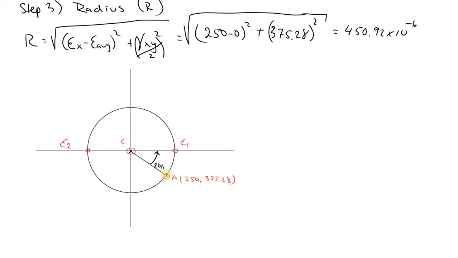From reference point A all the way to the horizontal axis, what we'd find is that this is just our shear strain divided by 2, which is 375.28.